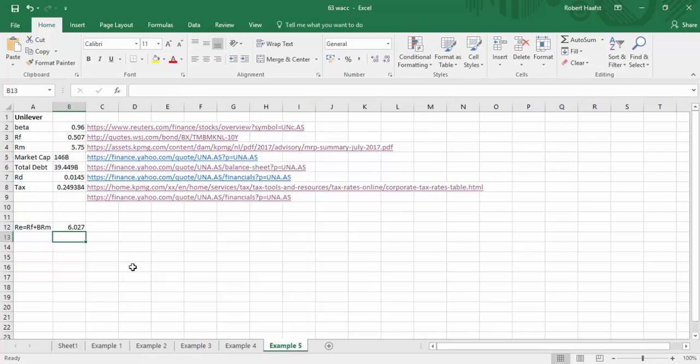A little mistake there. Okay. Well, we know that the cost of debt is 1.45%.